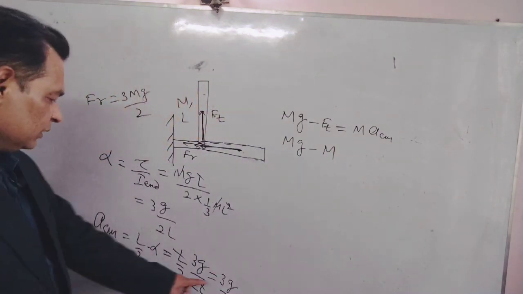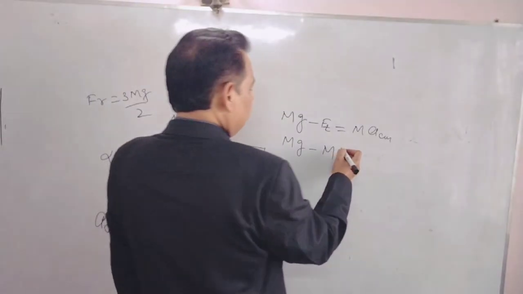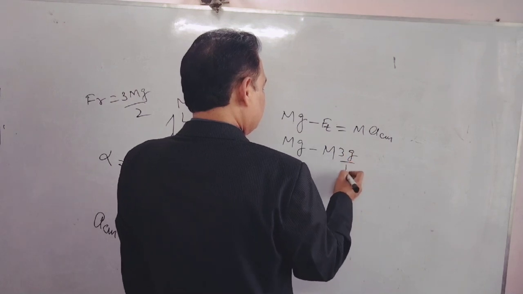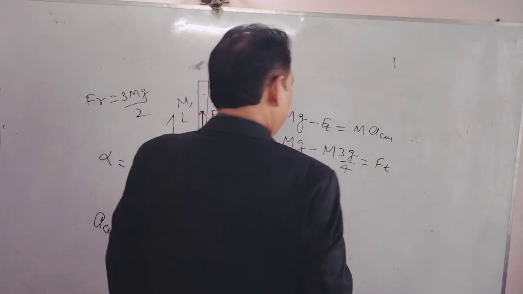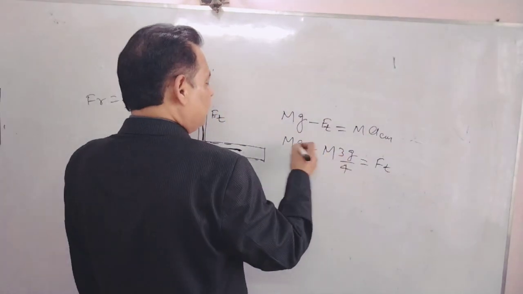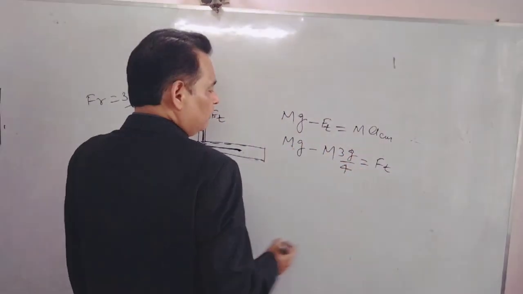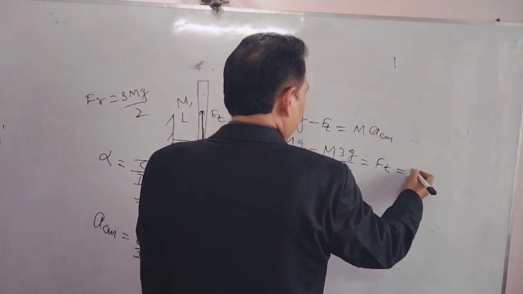What about ACM? 3g by 4. So Ft is mg minus 3 mg by 4. We get the tangential force mg by 4.